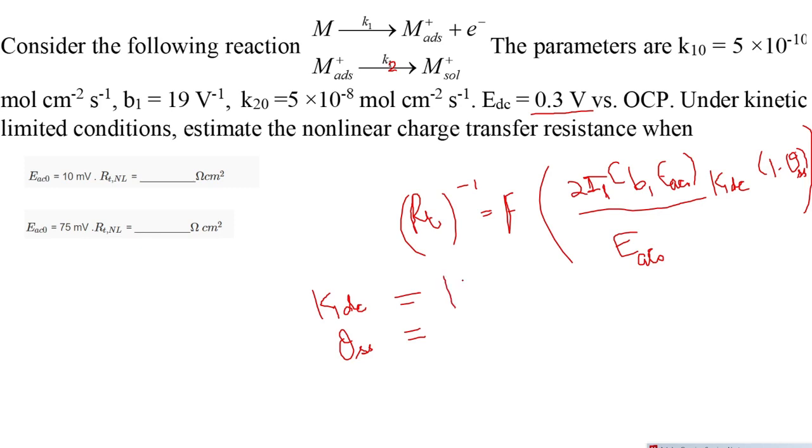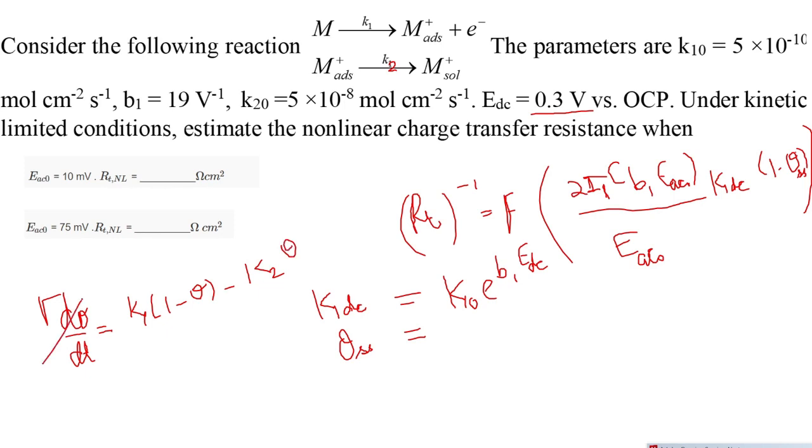So K1 DC will be nothing but K1 0 e to the power B1 EDC. Now how do you find out theta SS? You will have to do the site balance. Gamma d theta by dt equal to K1 into 1 minus theta minus K2 theta.